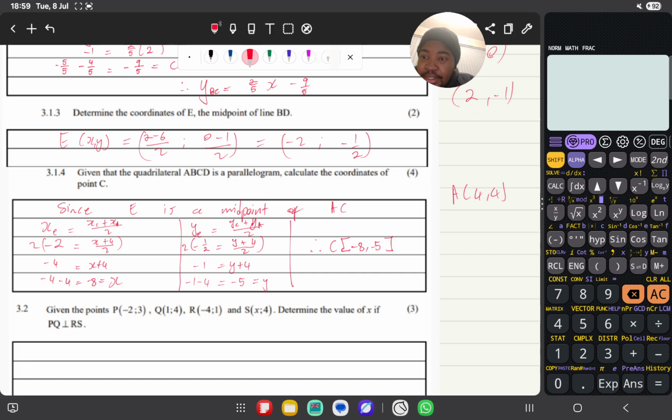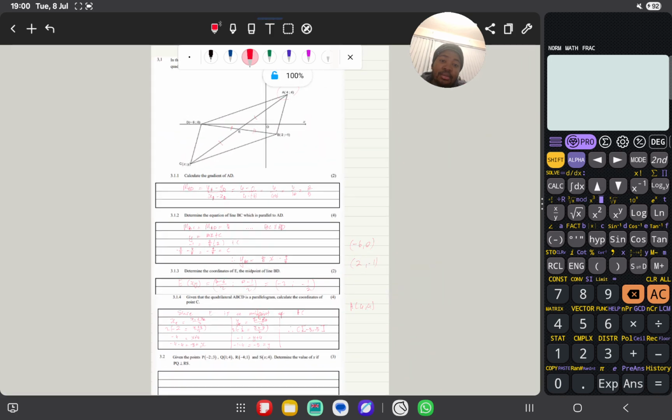They say given the points P, Q, R, S, determine the value of x if PQ and RS are perpendicular. Alright, so definitely here we do need some space.